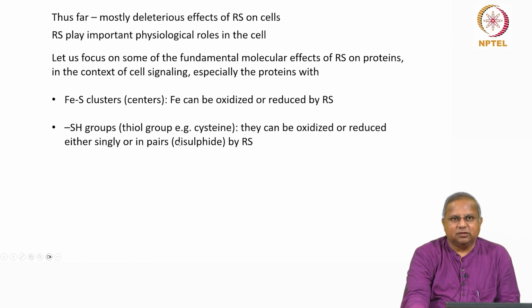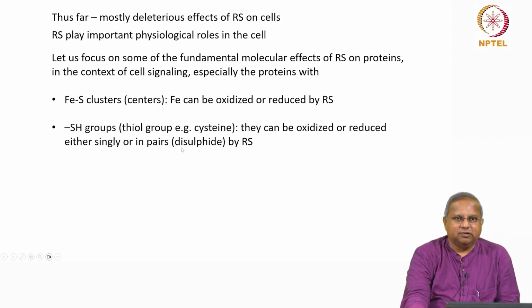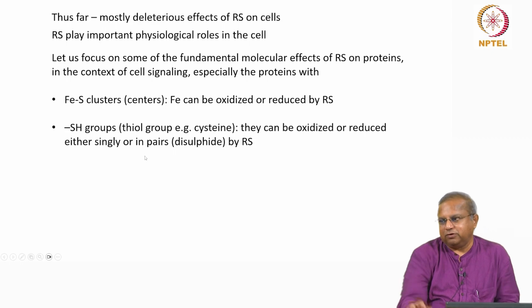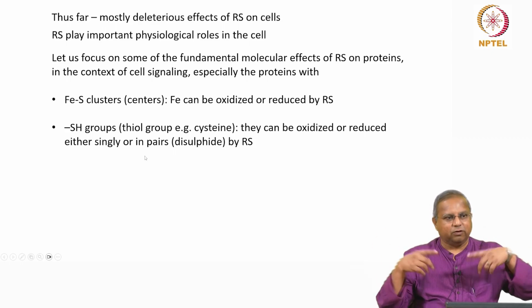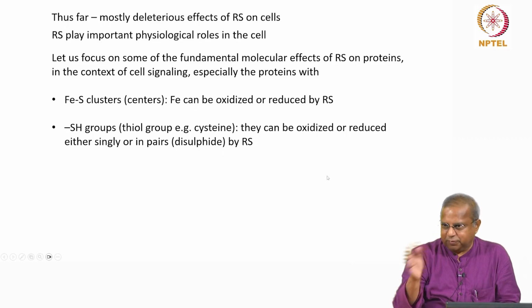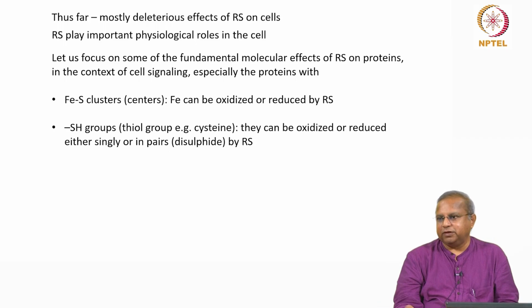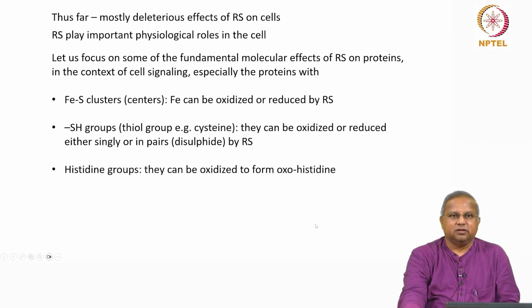The ones with the thiol groups, SH groups, for example, cysteine, they can be oxidized or reduced either singly or in pairs. You can have a disulfide bond formation also, and that molecule also can be oxidized and reduced. Depending on whether it's oxidized or reduced, it will work differently, and therefore that forms the basis for signaling.